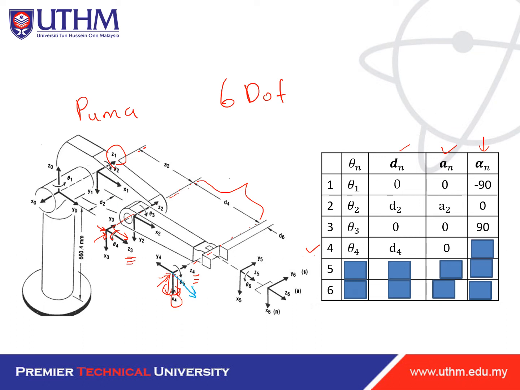And the rotation will be in this way here. The direction is on that side, but we need to move from z3 to z4, so it will be the counter direction, so it will become negative. So what we will have is negative 90 degrees.